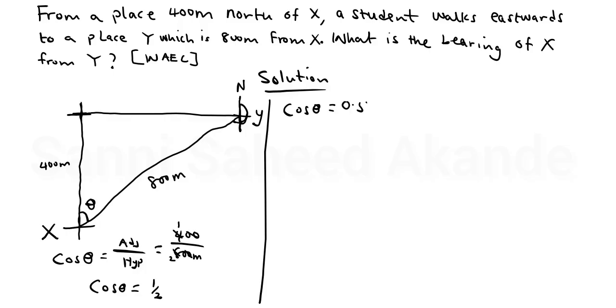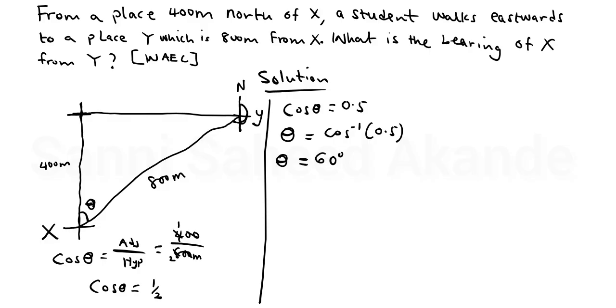Meanwhile, what we are trying to look for now is the theta itself. So I'm going to write theta is equal to arc cos 0.5. Okay, so the inverse of cos will give me the value of theta. So my theta will be equal to, if you press your calculator, arc cos 0.5 will give you 60 degrees. Is that understood? Okay, so it means this theta here in this diagram is 60 degrees.